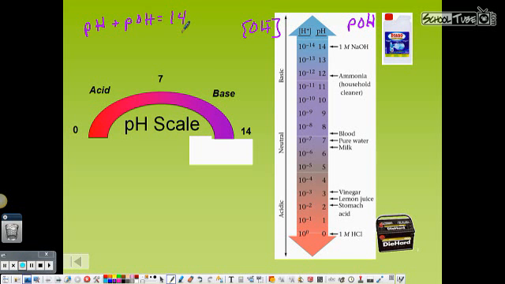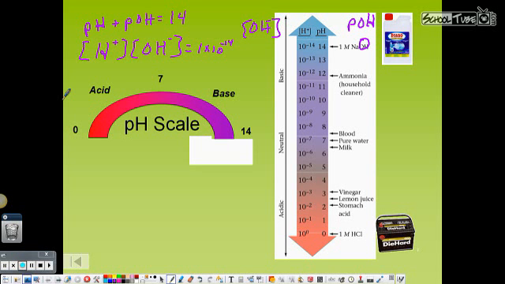So the pH is 14, so the POH is 0. I also have a formula that says that the H ion concentration times the OH ion concentration equals, and your book says 1 times 10 to the minus 14. I just say 10 to the minus 14.